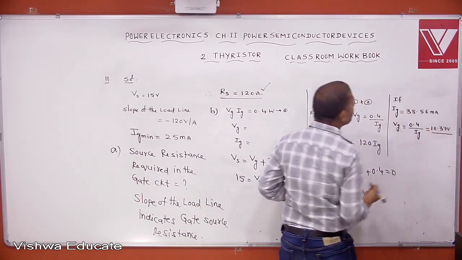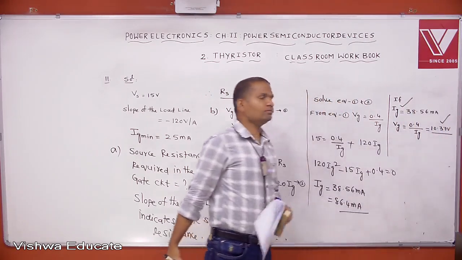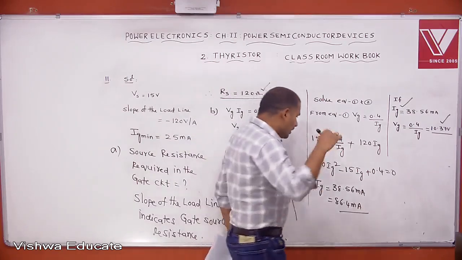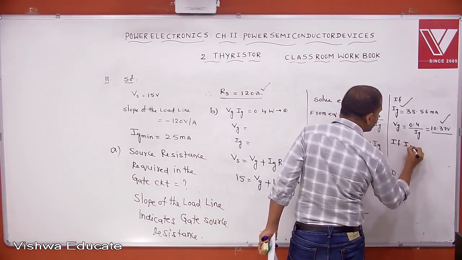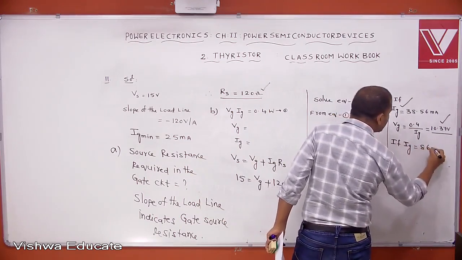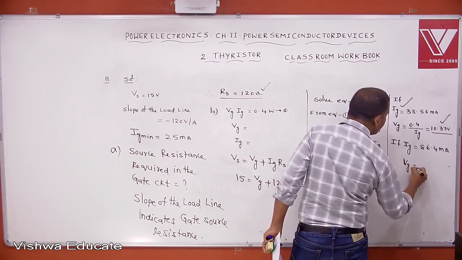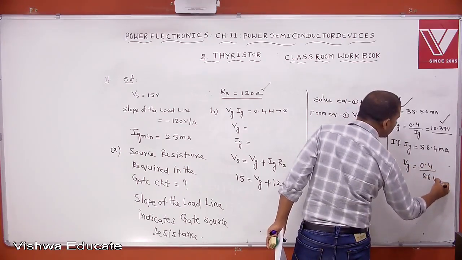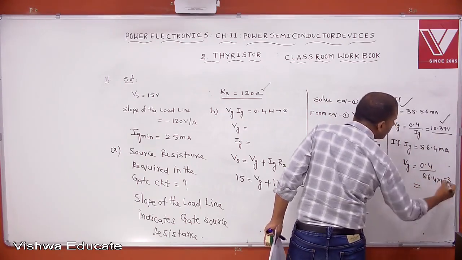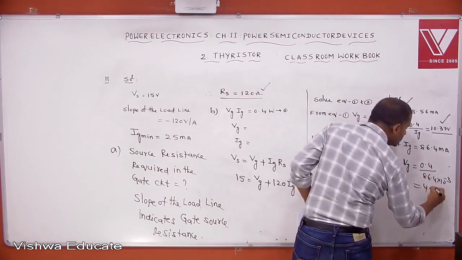This is one calculation, with Ig and Vg. Similarly, if Ig equals 86.4 milliamperes, then Vg equals 0.4 by 86.4 into 10 power minus 3, which gives 4.627 volts.